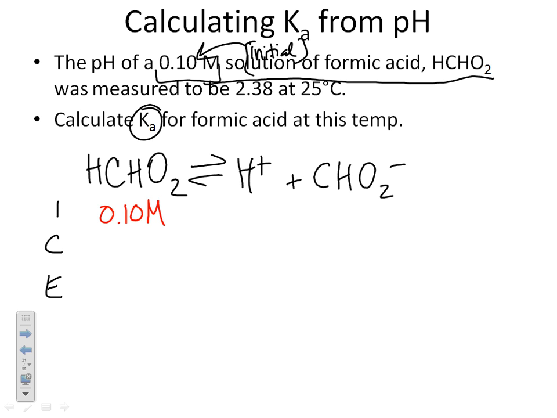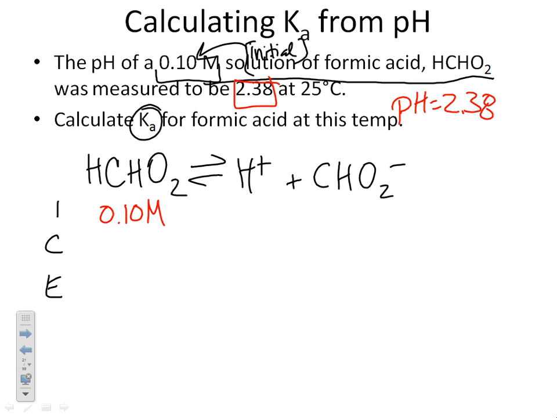here. Now, the other number that we have, well, first of all, we have temperature, the 25 degrees Celsius, but that doesn't enter into our ICE chart because it's not a molarity. The other number that we have is 2.38. That's the pH, right? The pH of this solution was measured to be 2.38. That's a critical number for us because we're going to use that to get other things that we're going to put into our ICE chart.